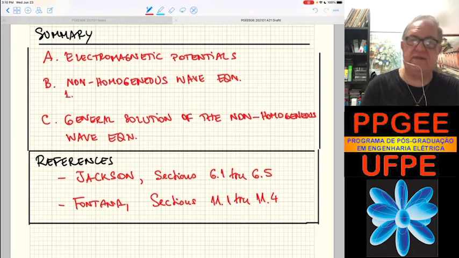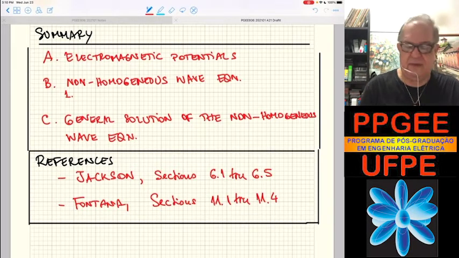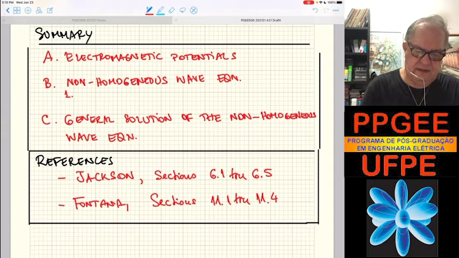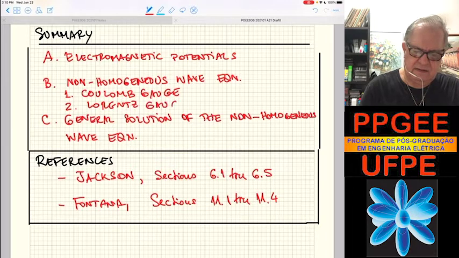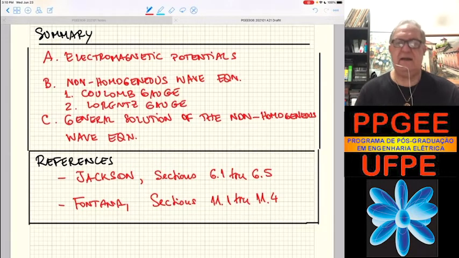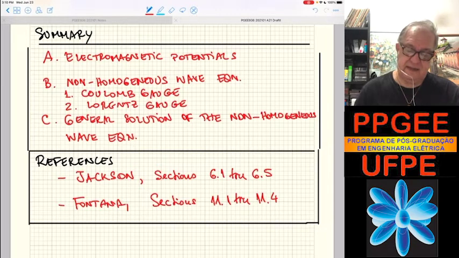We are going to derive the solution formally, the Coulomb gauge, and in the Lorentz gauge. And finally, we are going to derive the general solution for the non-homogeneous wave equation in the Lorentz gauge.